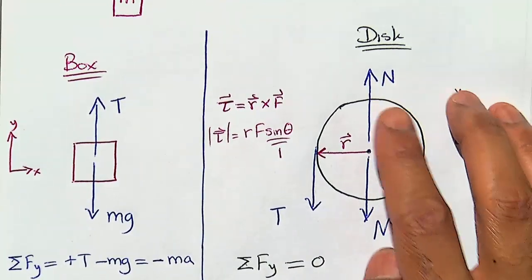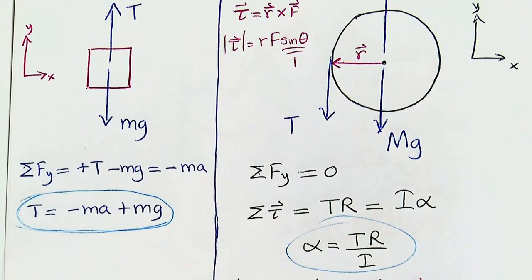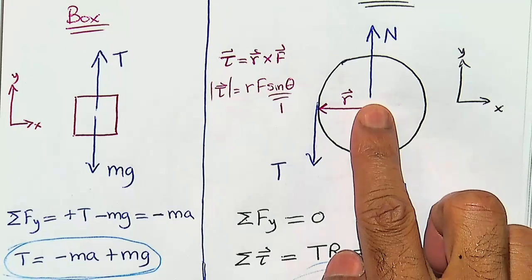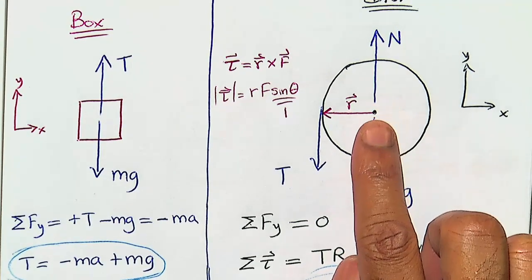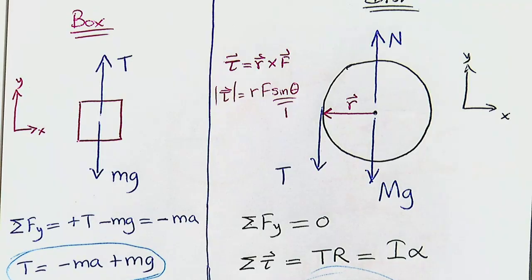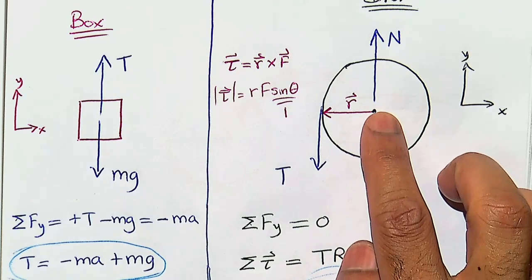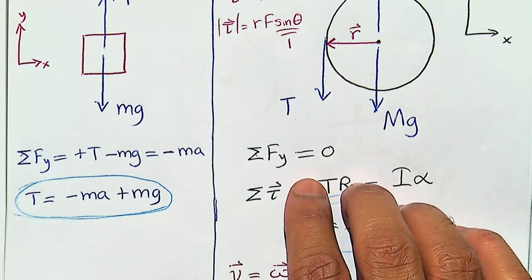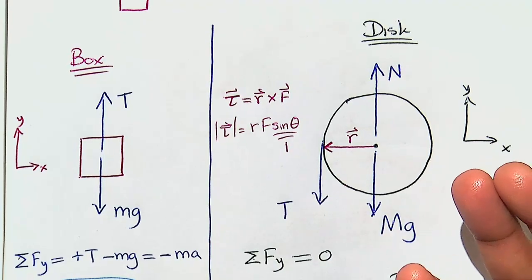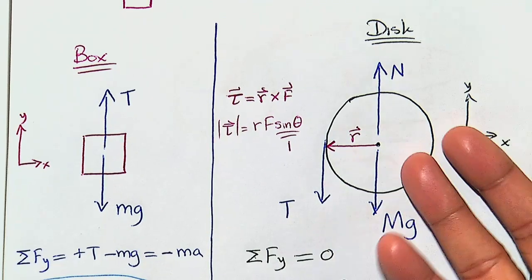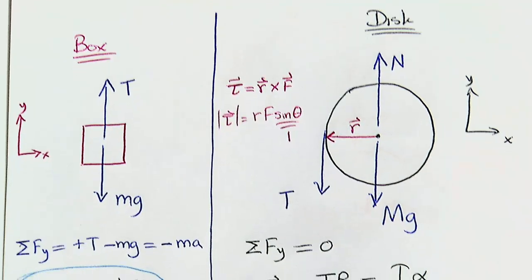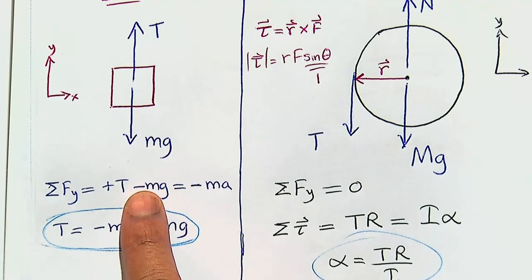With torque, it's a little bit more complicated to deal with, because for one thing, it requires a decision on what point to calculate torque about. Unlike the case of the forces, you don't really have to make a decision, do I count that or not? Once you know those are external forces, they all go into Newton's second law.